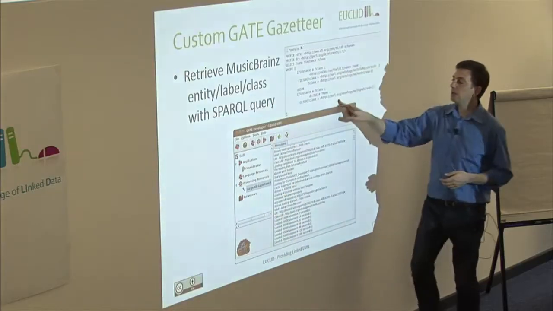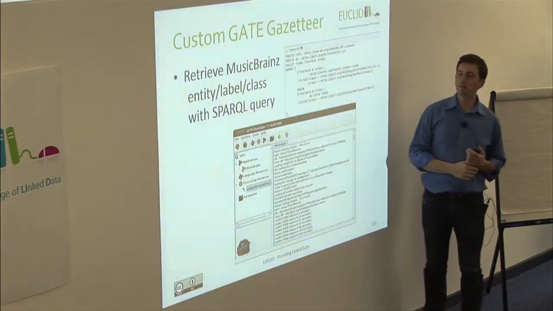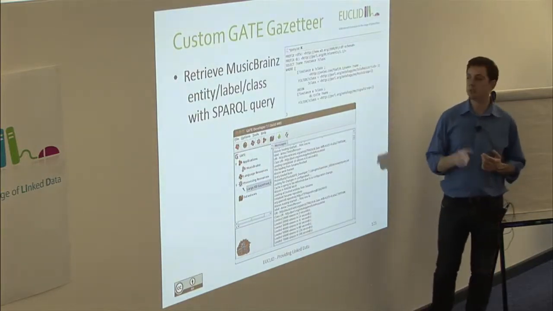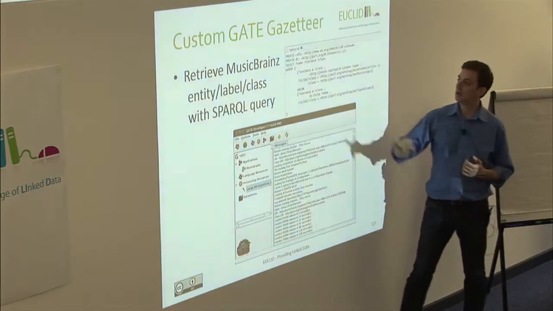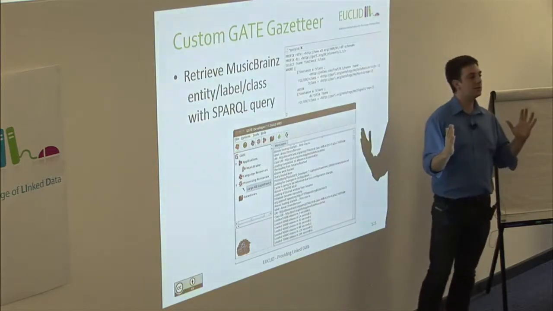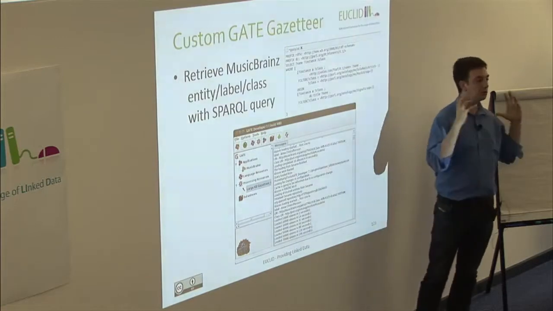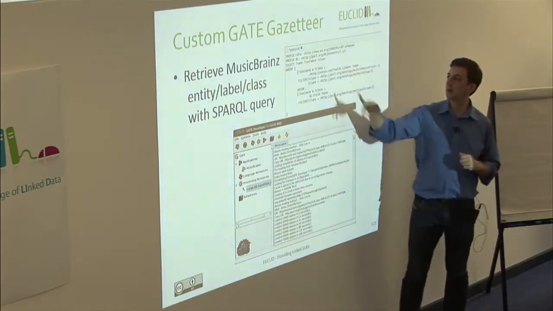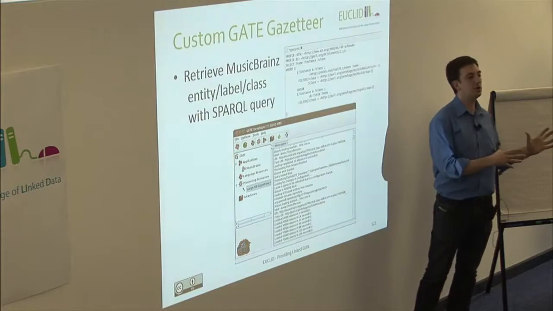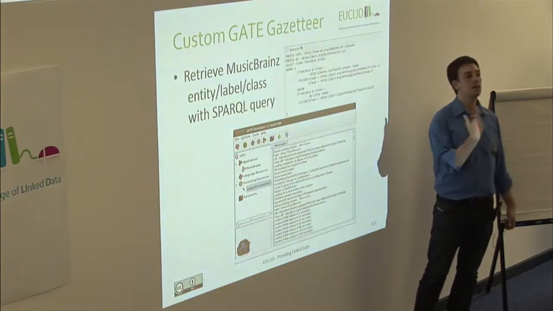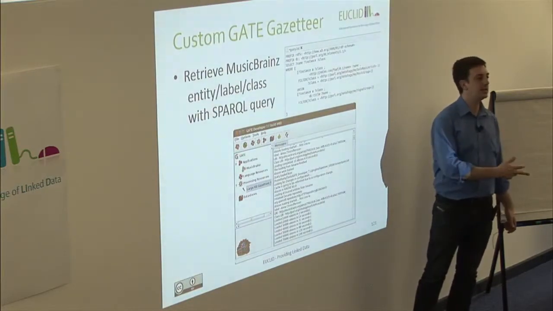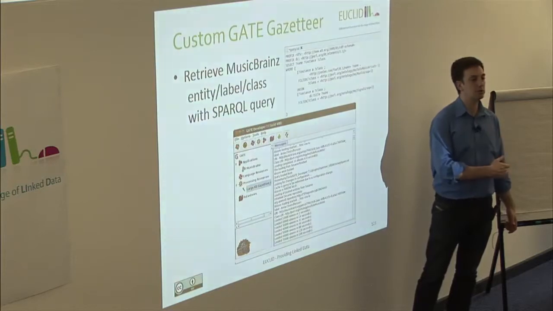You can build yourself a SPARQL query that finds those. So in particular, in the SPARQL query, I'm looking for the label of the thing, the text that might be found, the instance URI, so the URI that I want to tag with, and the class that it belongs to. So is this an album, is it a solo artist, or is it a music group?